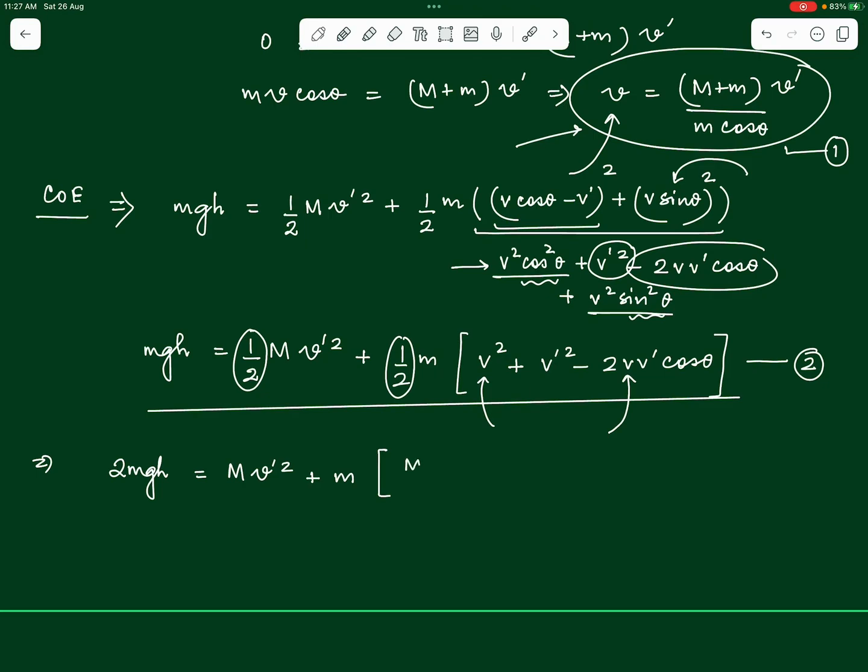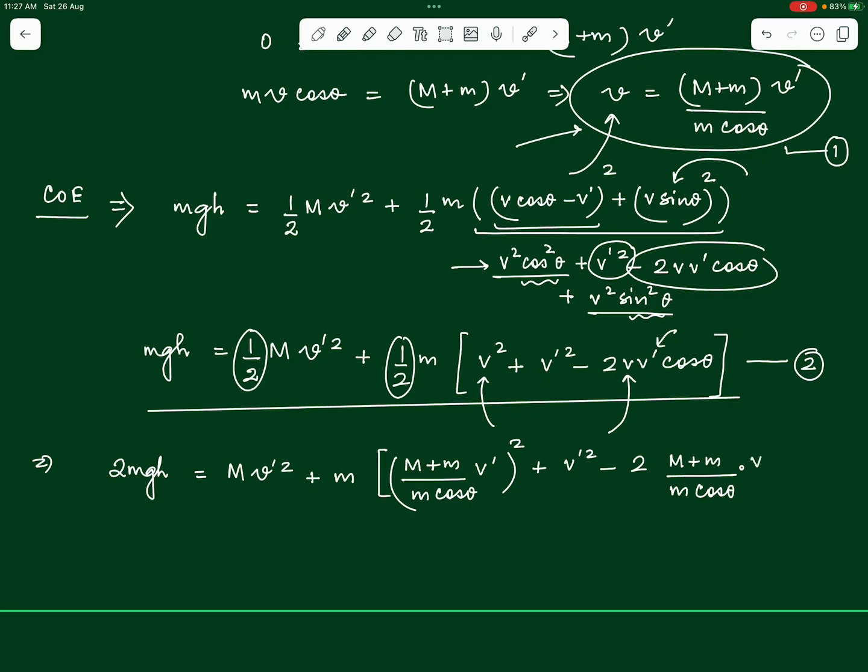Okay. So, that we have M plus m by m cos theta into v dash whole squared plus the second term is just v dash squared minus 2 times, once again we have a v, so minus of 2 times M plus m by m cos theta into v dash, and there is another v dash over here, right.